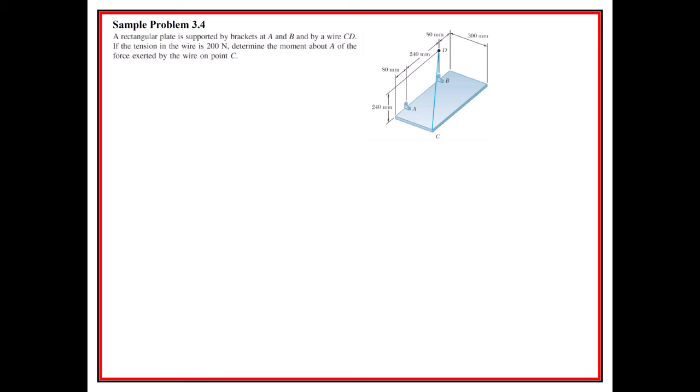We want to find the moment about A that's due to this tension in the wire that goes between C and D. This rectangular plate is supported by it, and somehow we know what the tension is. We just want to know the moment about A because of the tension only.